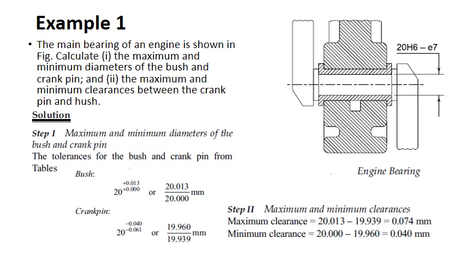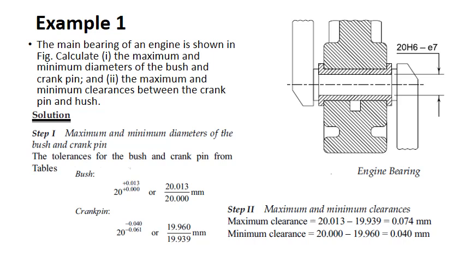Now what about the clearances? When will you get maximum clearance between a hole and a shaft? It will exist between the upper limit of the hole and the lower limit of the shaft. In this case, the upper limit of the bush, that is the hole, is 20.013, and the crank pin lower limit is 19.939.